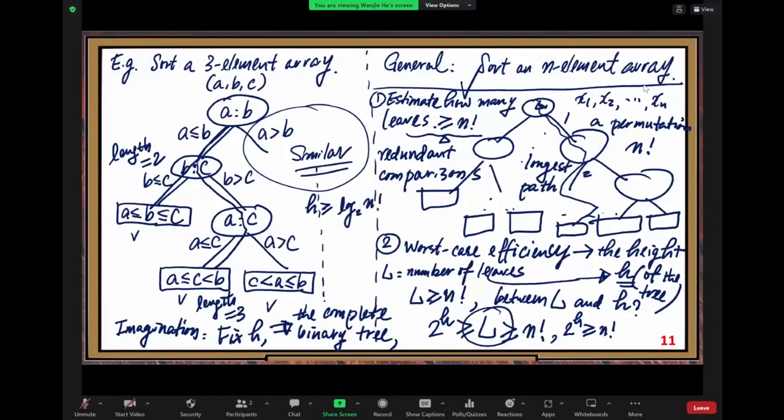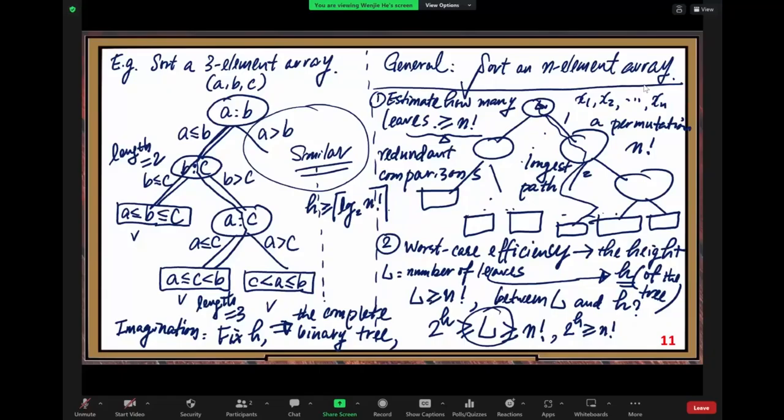H is an integer, and log base 2 of n factorial may not be an integer, but we want the greater or equal sign to be always true. So we assume h should be greater or equal to the ceiling function of log base 2 of n factorial. Not the floor function, the ceiling function.